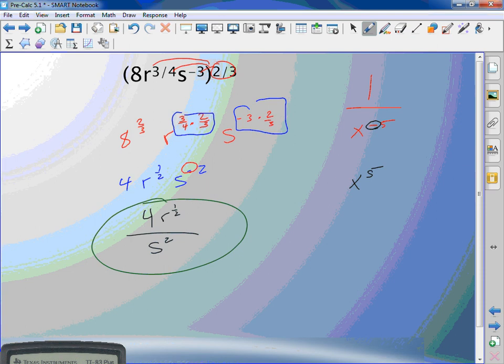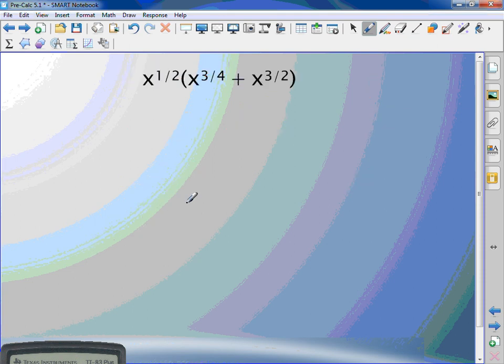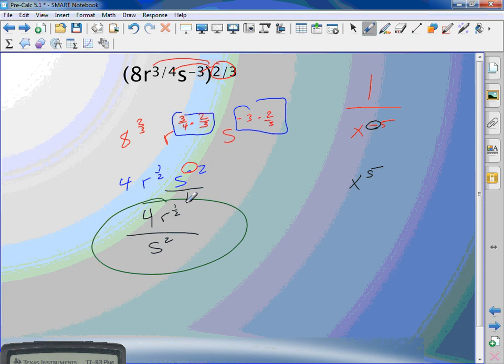A negative exponent just means it belongs on the opposite side of the fraction. This is actually s to the negative second over 1, so it belongs on the bottom. It was actually 4r to the 1/2 times 1 over s squared. That's an s, not a 5. Which just means this over that.